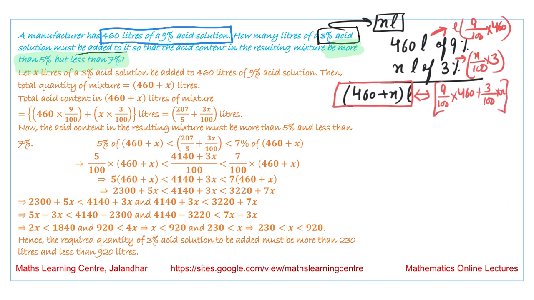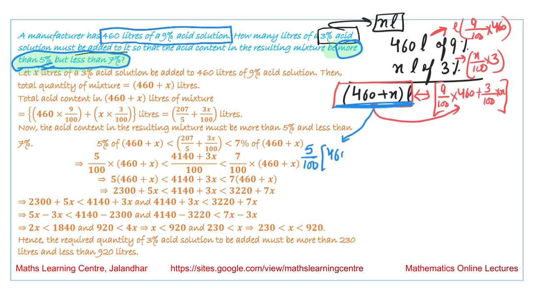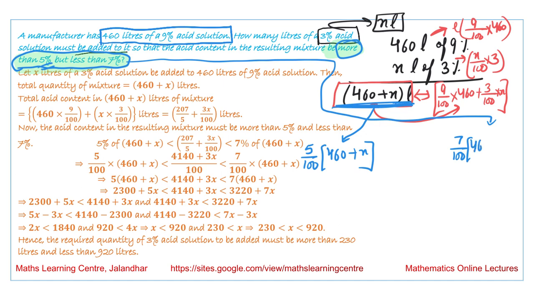Now we require that the resulting mixture be more than 5% and less than 7%. If the acid content in this amount of mixture is 5%, then the acid will be 5 by 100 into 460 plus x. And if it is 7%, the value will be 7 by 100 into 460 plus x.